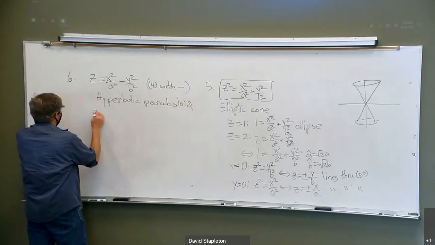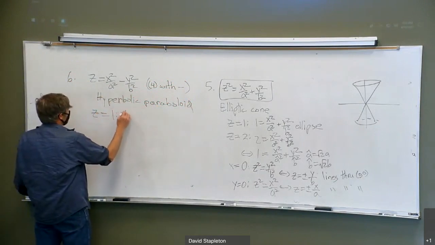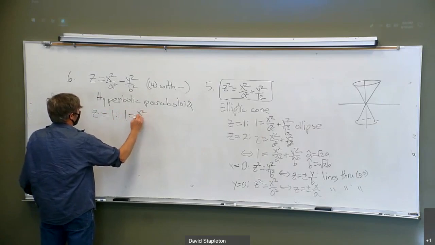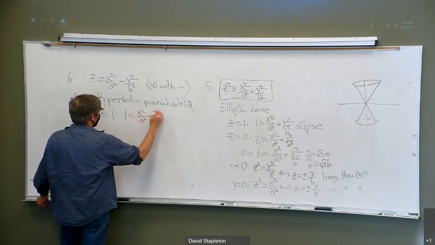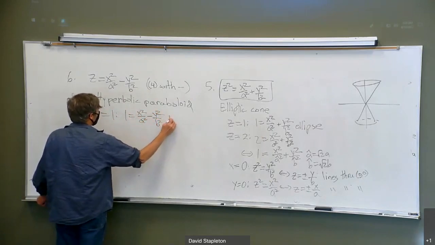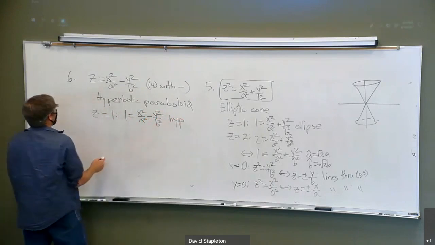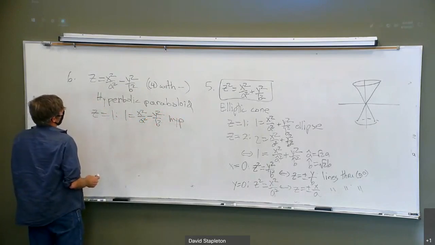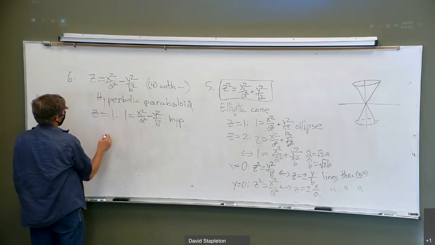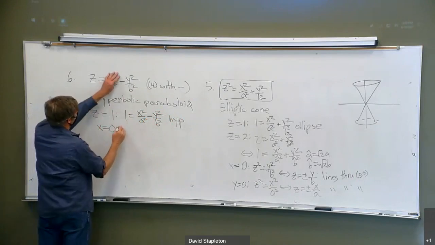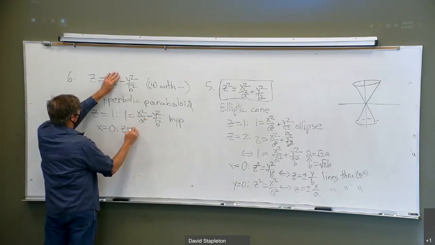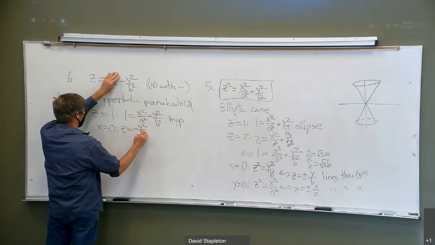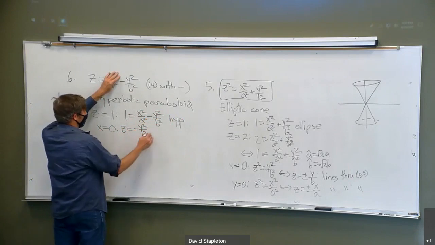I put z equals a number, z equals 1 is the easiest. I get 1 equals x squared over a squared minus y squared over b squared. I say, oh, that's a hyperbola, right? I can get other hyperbolas by putting z equals different numbers. If I put x equals 0, then I get, let's see, z equals minus y squared over b squared. This is a parabola opening down.